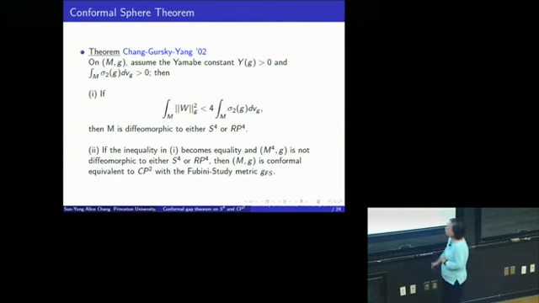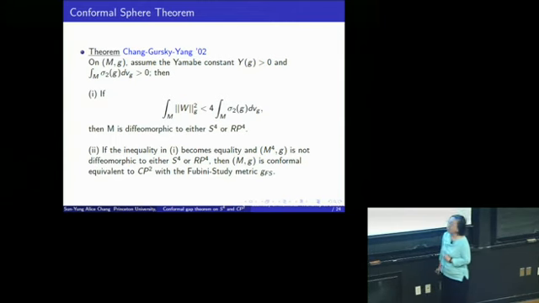And it turns out this inequality is also sharp. When it's equal, and if the manifold is not diffeomorphic to S4, then we can pin it down to say it's already conformally equivalent to CP2. And notice I have skipped the case of S1 cross S3.